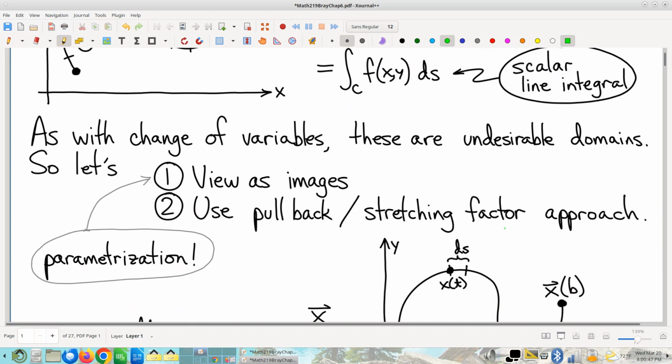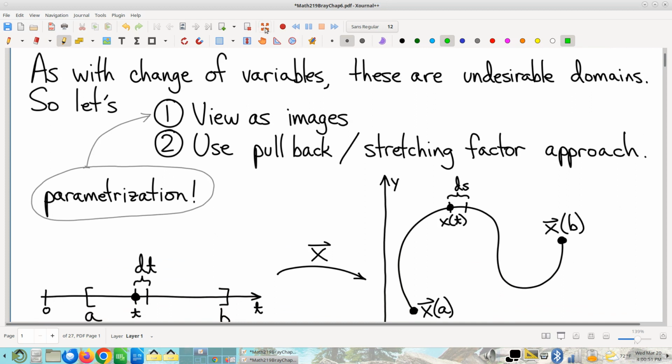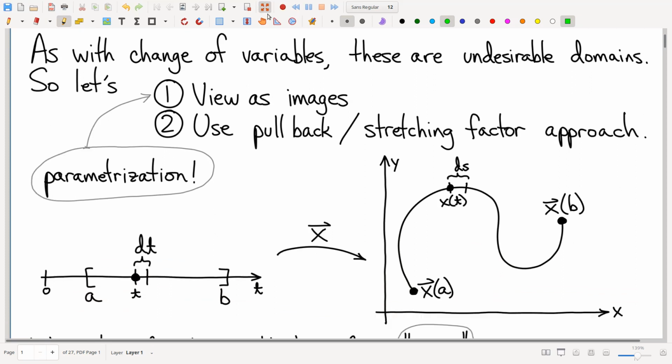Okay. How to compute it. Y'all remember change of variables. Change of variables is a clever strategy for dealing with undesirable domains. Now, why in section 5.5, what was it about domains that we found undesirable? Well, corners. Ugly equations of edges.